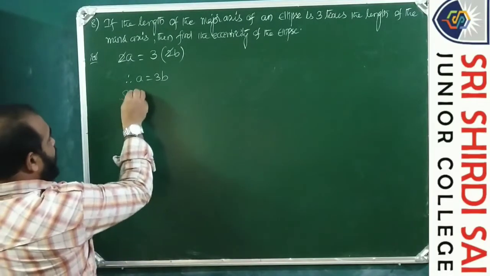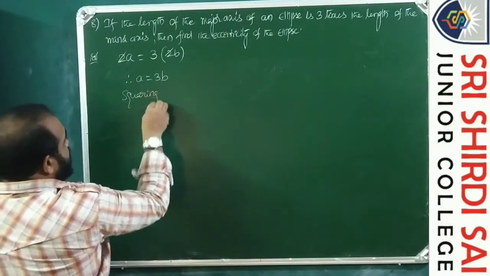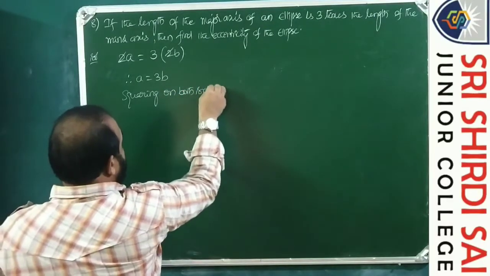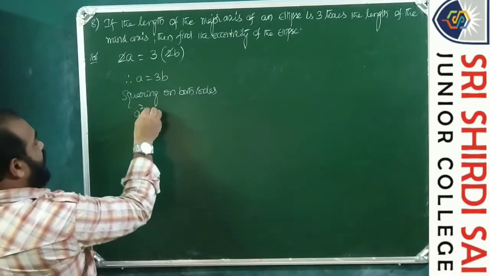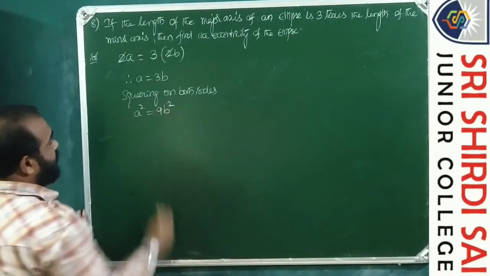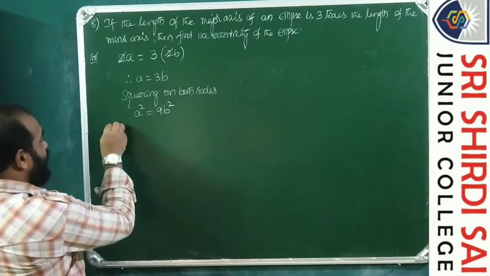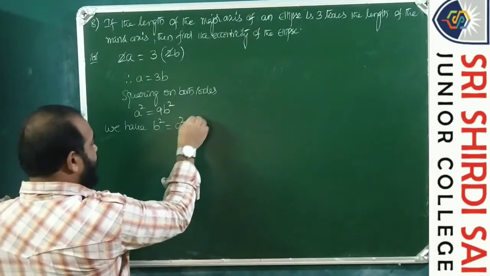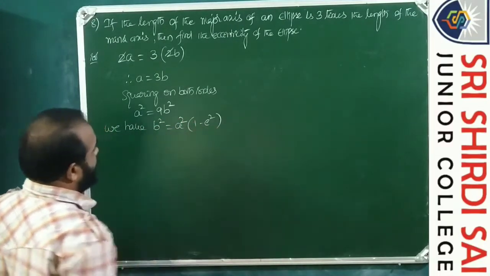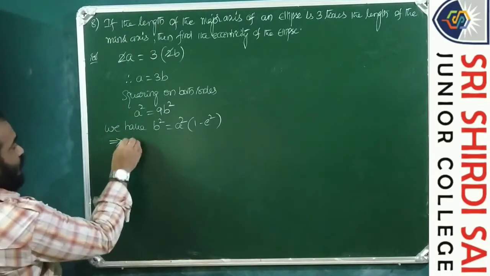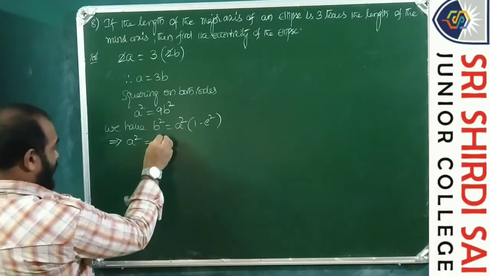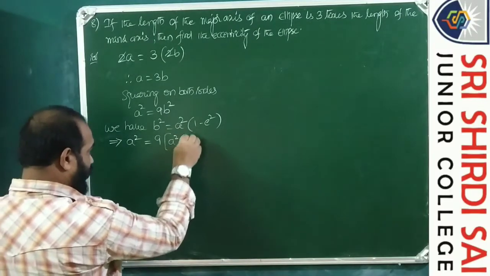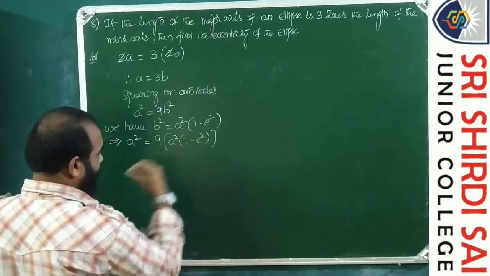Squaring on both sides, we get a square is equal to 9b square. We have b square is equal to a square into 1 minus e square. So from this a square is equal to 9 into a square into 1 minus e square.